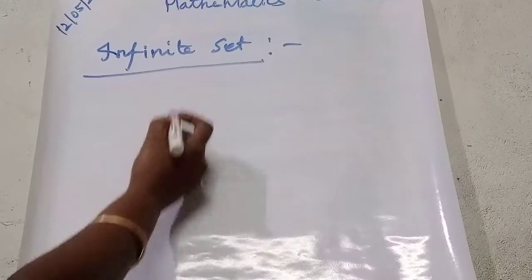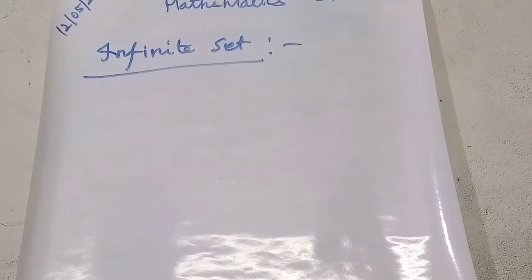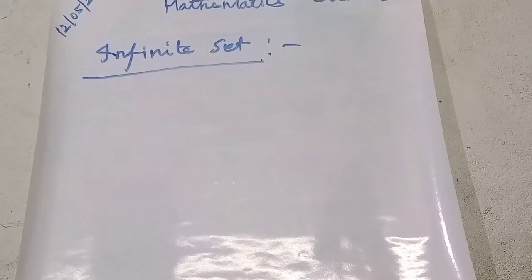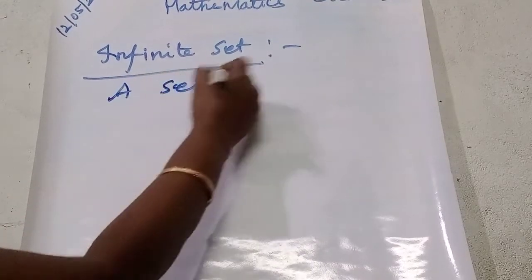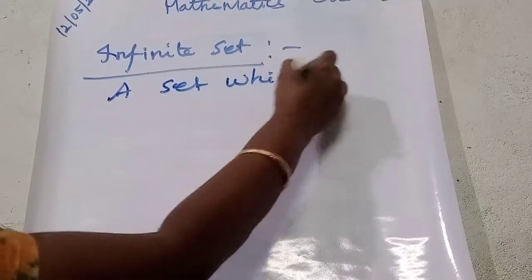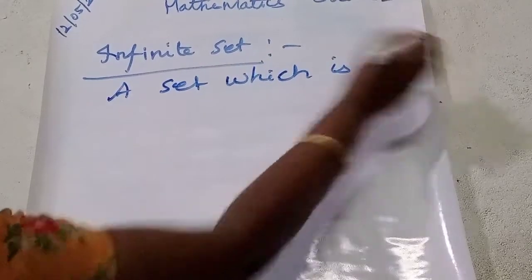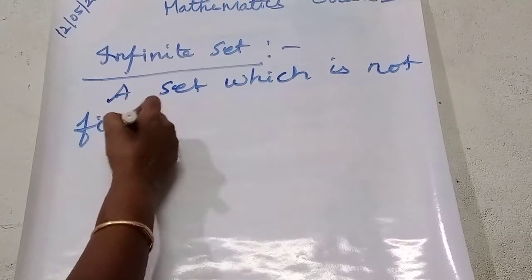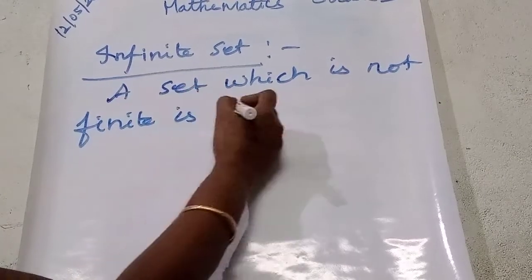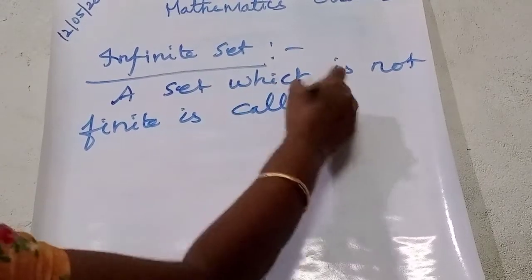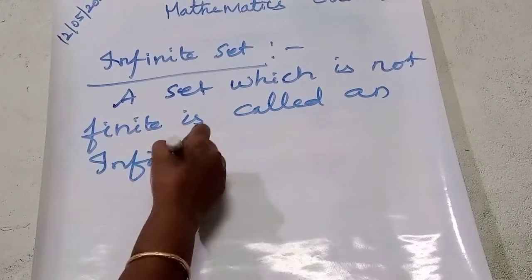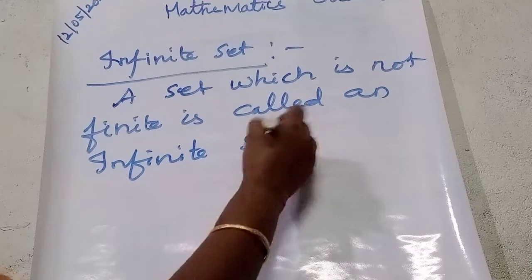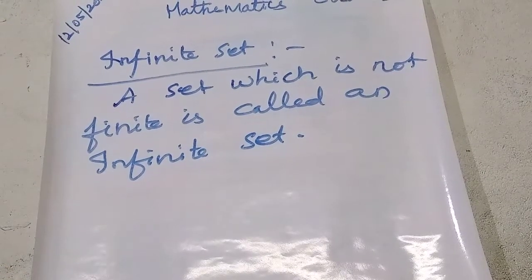Next, infinite set. A set which is not finite is called an infinite set. Not finite means what?